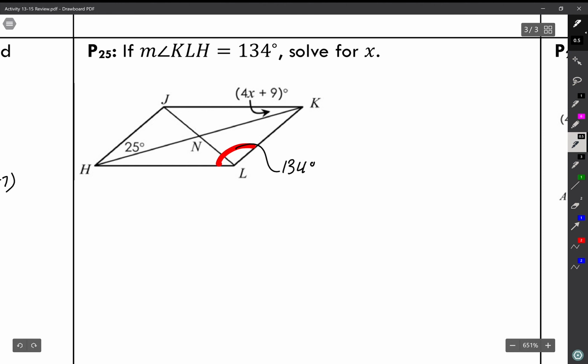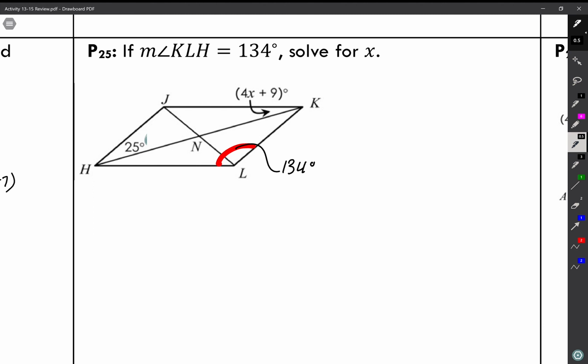Now, you might think that these two are equal, but we don't know that. They would be equal if the diagonals bisected those angles, but I don't know that for sure.